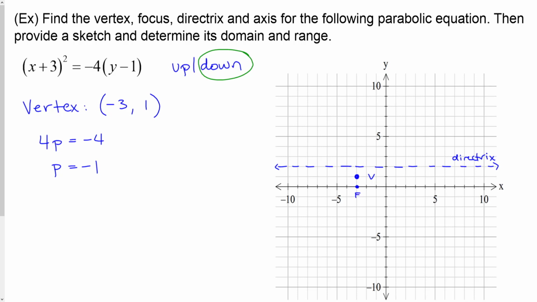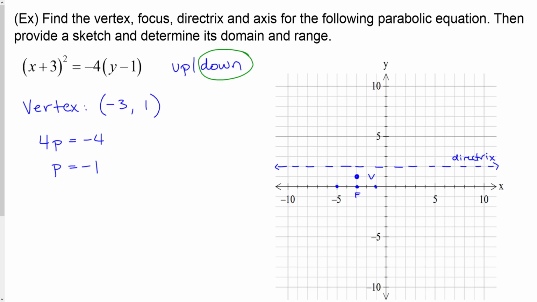Now, to determine what's happening with the parabola outside of those points, the length of the latus rectum is going to be 4 units. So 2 units on each side. That shows me how wide this parabola is going to open up.